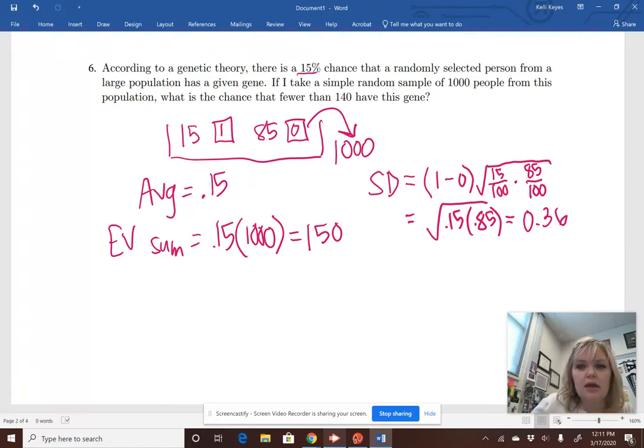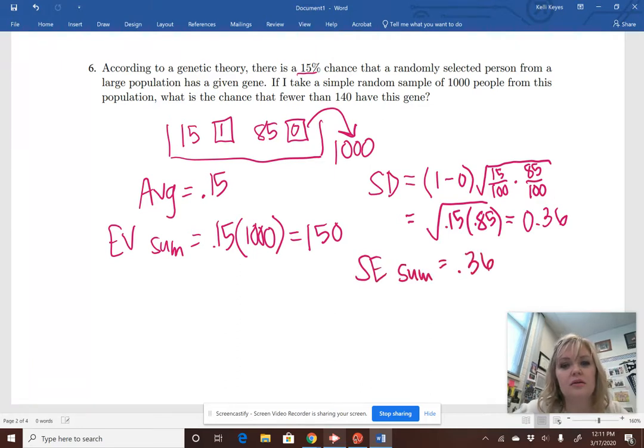Okay, so then if our SD is 0.36, then the SE sum will be that SD times the square root of the draws, so times 1,000. And then that will be the SE sum. And then from there, you do what is the chance that fewer than 140.